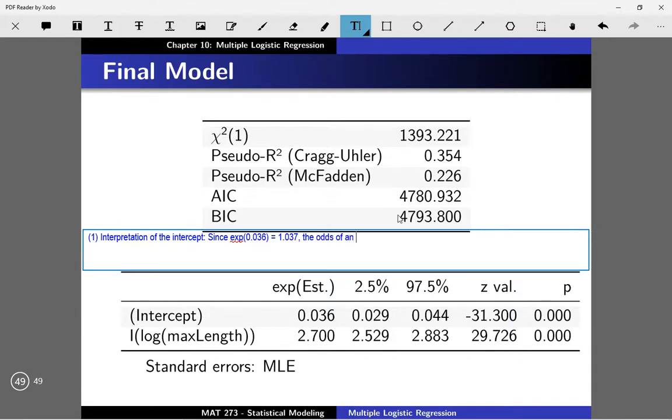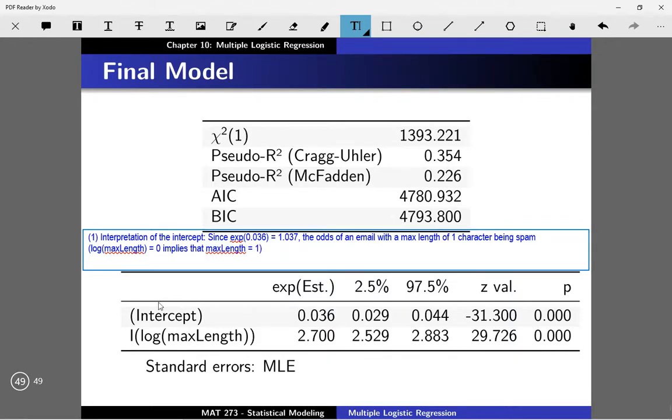The odds of an email with a max length of 1 character being spam, and that is because log max length being equal to 0, the intercept is when the predictor values all are 0, implies that max length equals 1.